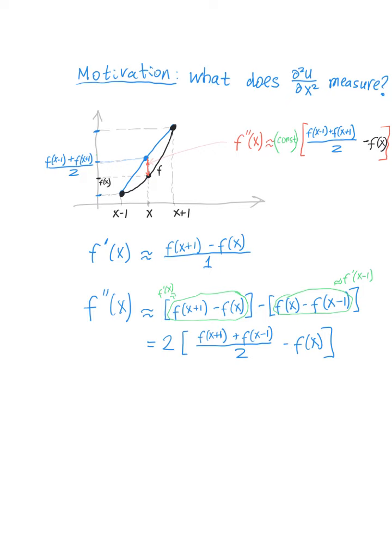So essentially, the second derivative is a constant multiplied by the difference between the average at two neighboring points minus f of x. So how do you interpret this expression? Constant multiplied by the average at neighbors minus f of x.